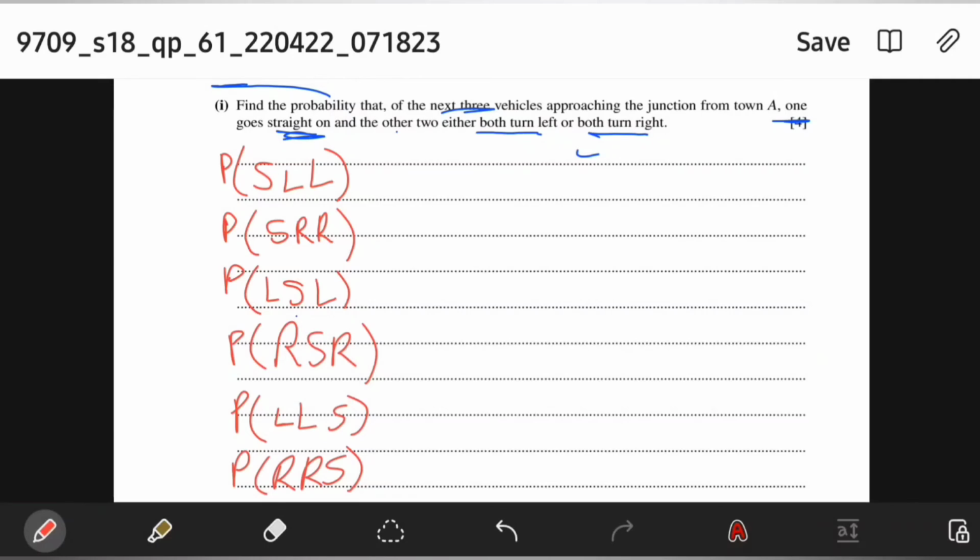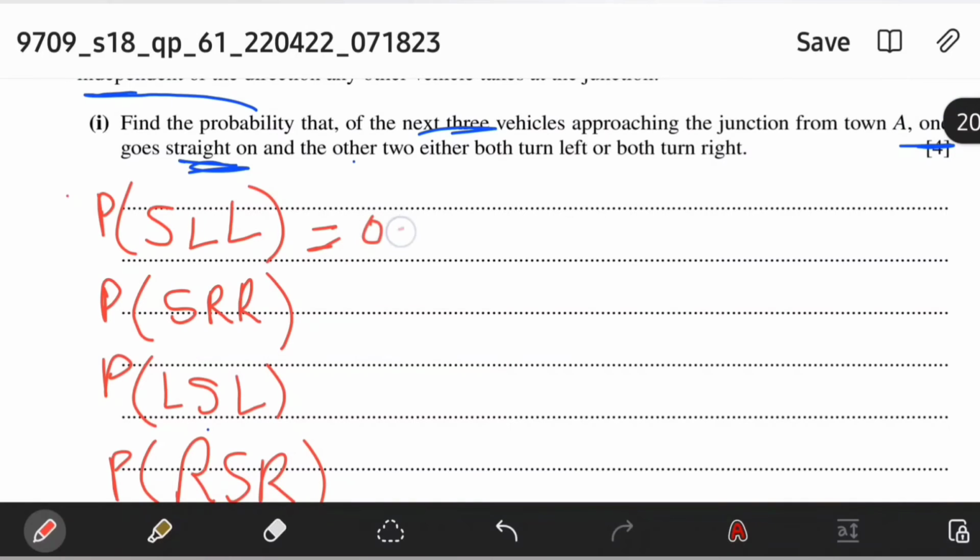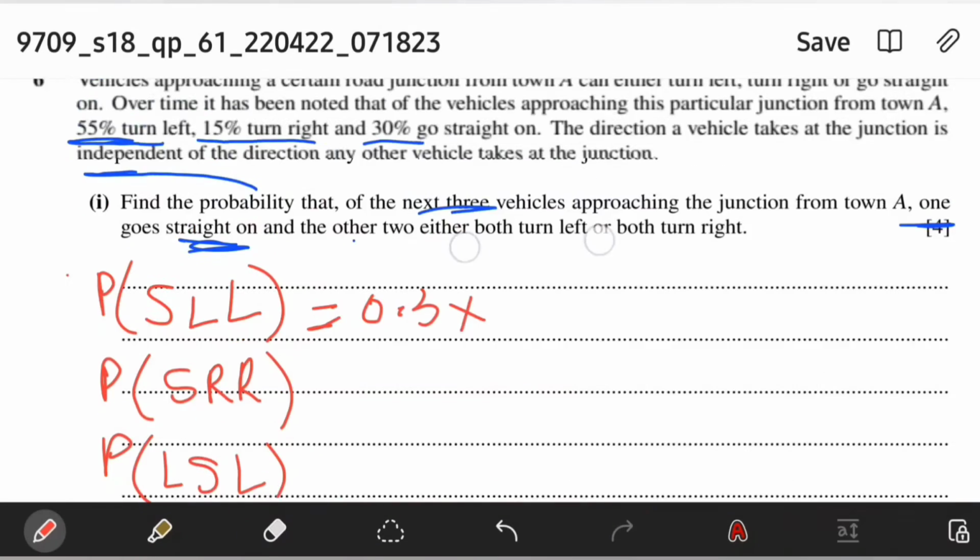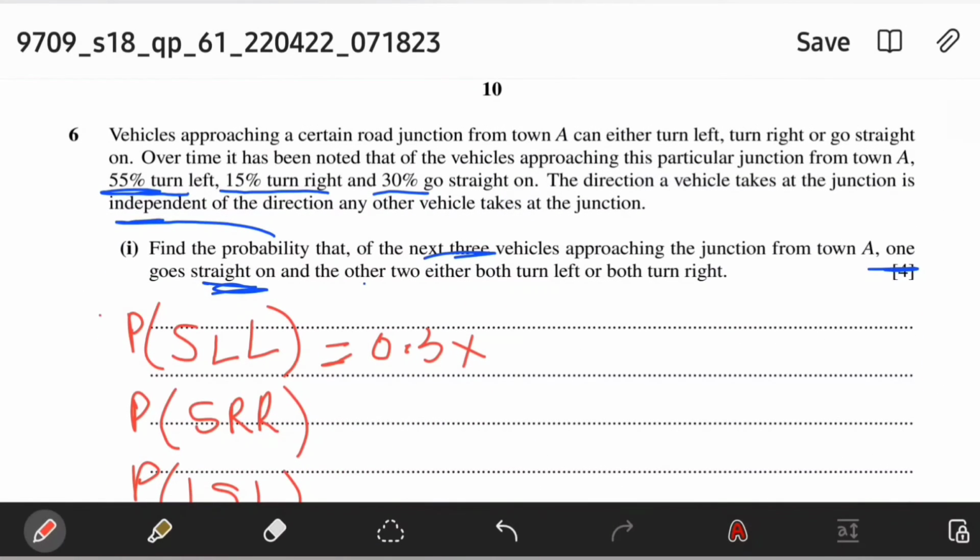So these are the probabilities that can happen if one is going straight and the other 2 are either both going left or both going right. So the first could be straight and the second and third could be left, and then again the same for the right ones. Then the first one is left and the second one is straight, and the last one is also left, and again for the right one in this way.